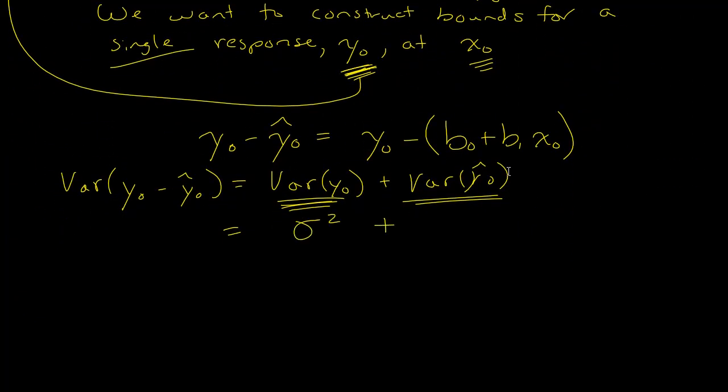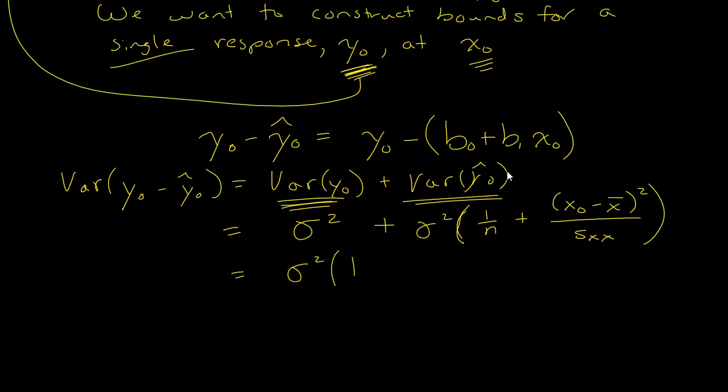And then in our previous video, we found the variance of y hat naught to be equal to sigma squared times 1 over n plus x naught minus x bar squared over Sxx. We can pull out a sigma squared here, and we get sigma squared times 1 plus 1 over n plus x naught minus x bar squared over Sxx. So this is the variance of this kind of unknown residual.